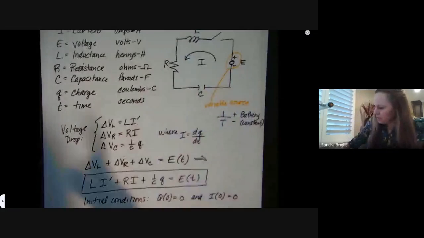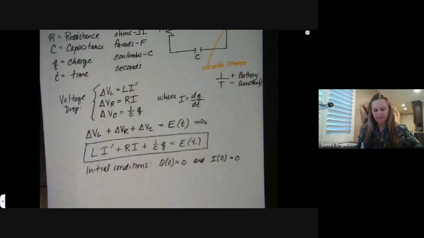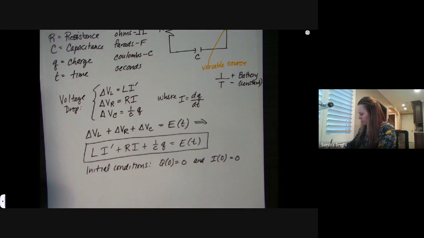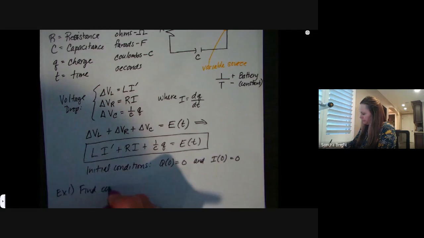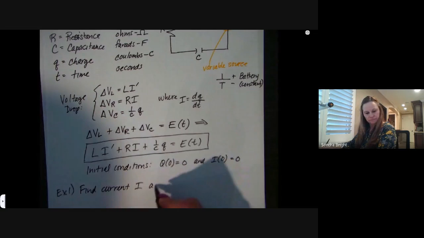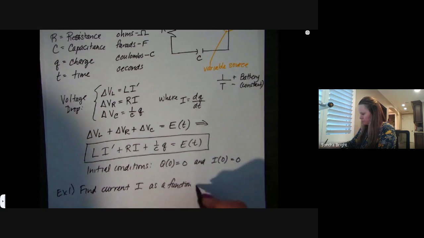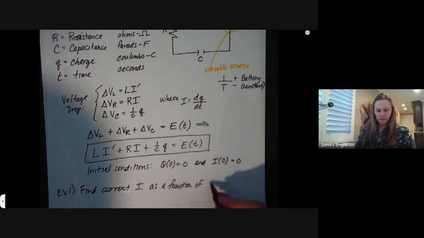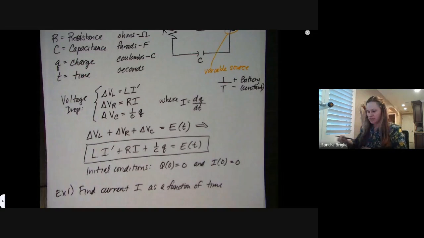Okay, so let's do an example. I give you all the information? I think so. We're going to find the current as a function of time. For the following LRC circuits, if the switch is closed at t equals 0.